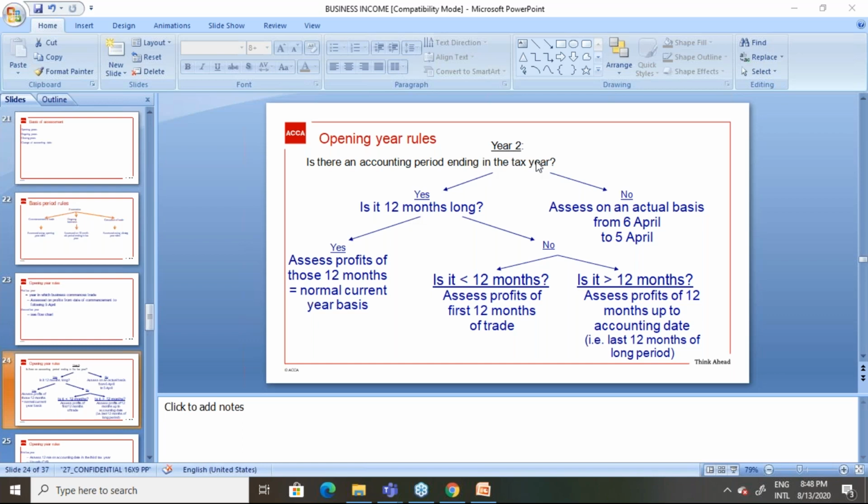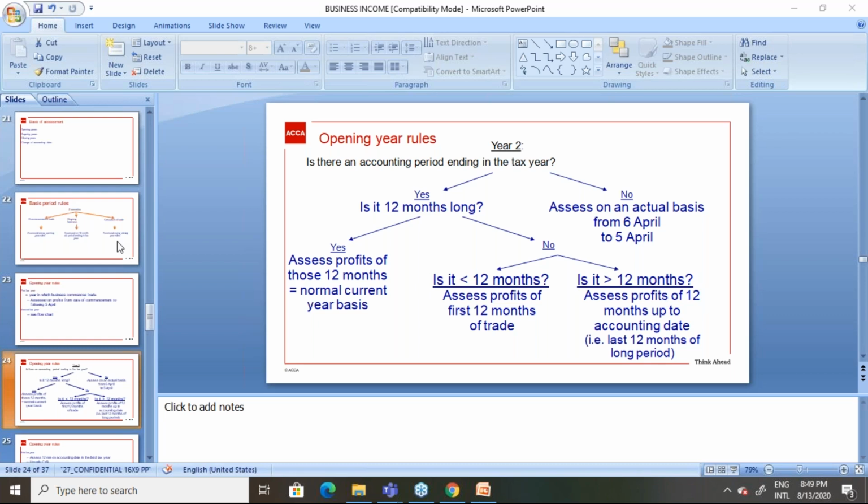First, you ask the question, is there an accounting period ending in the tax year? If the answer is yes, you ask the second question, is it 12 months long or not? Again, if the answer is yes, then the whole profit for that 12 months period must be taxed in the second year. But if the answer is no, if the accounting period is either less than 12 months or more than 12 months, then you ask the next question, is it less than 12 months or more than 12 months?